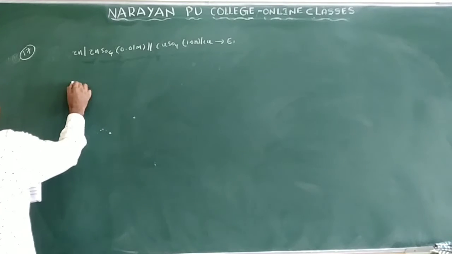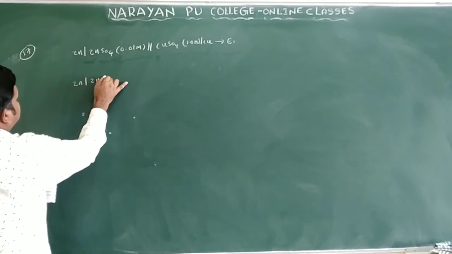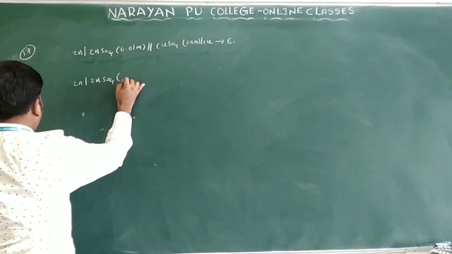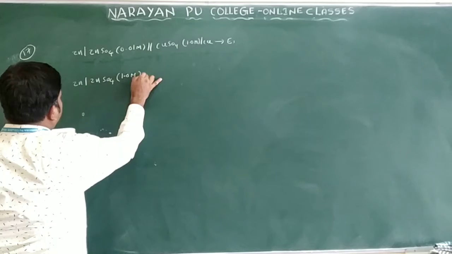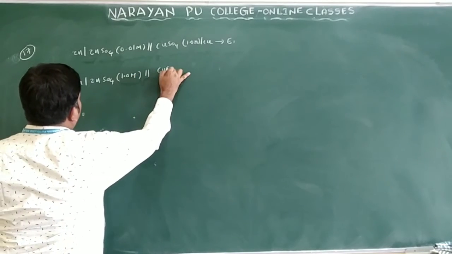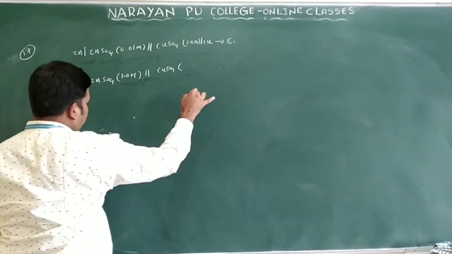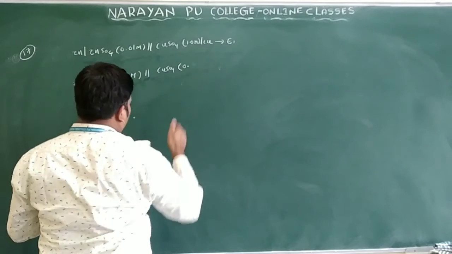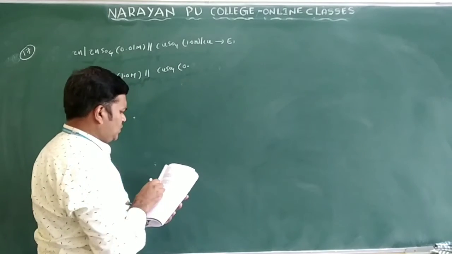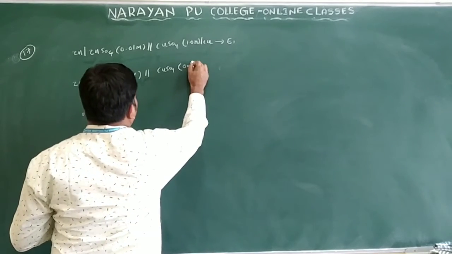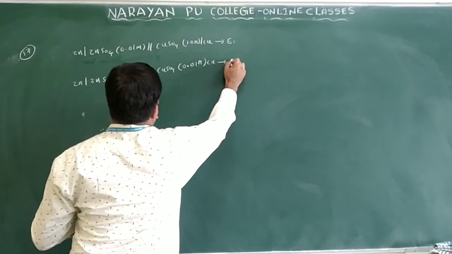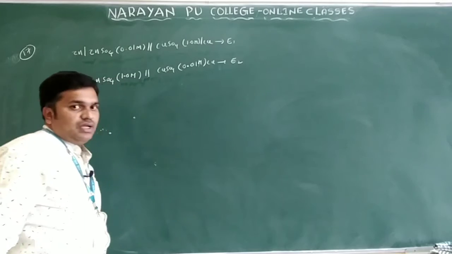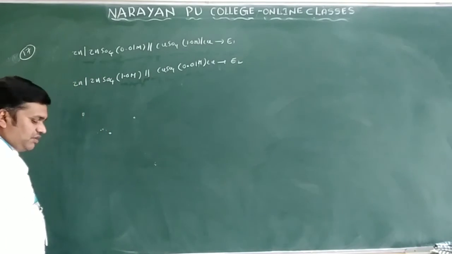The second, the concentration of ZnSO4 changes to 1.0 molar, salt bridge, and the concentration of copper sulfate is 0.01. The EMF of the cell is E2. They are asking what is the relation between E1 and E2.